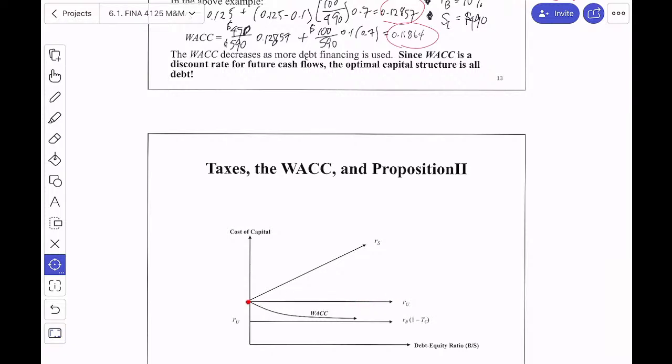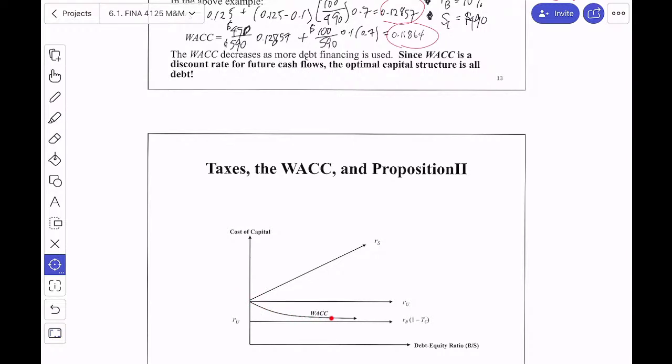And this pattern, by the formula we derived, shows that the return to shareholders in the firm with leverage will be a line that increases linearly. But what happens to the average investor in the firm? The average investor in the firm increasingly looks like a bondholder.